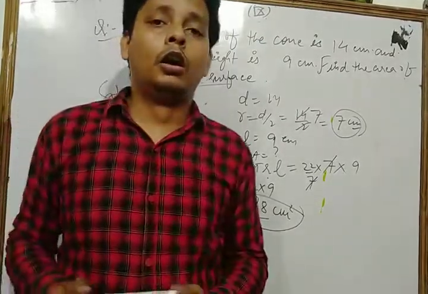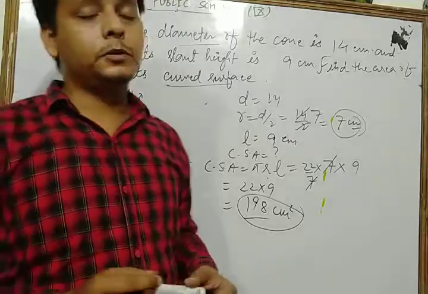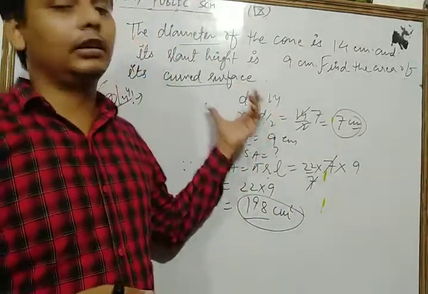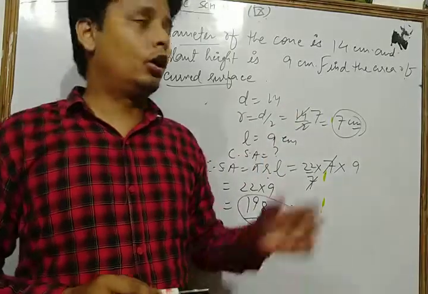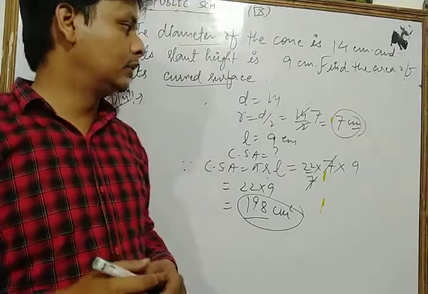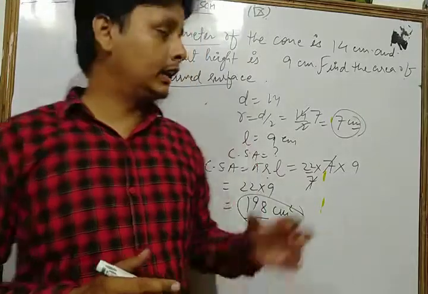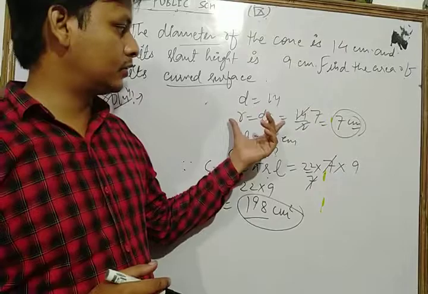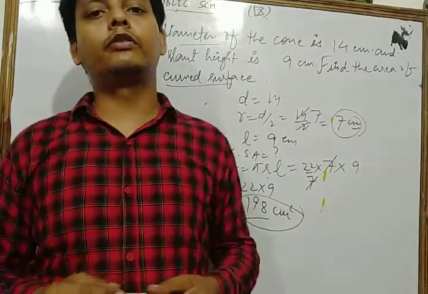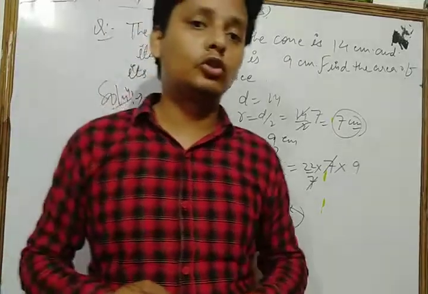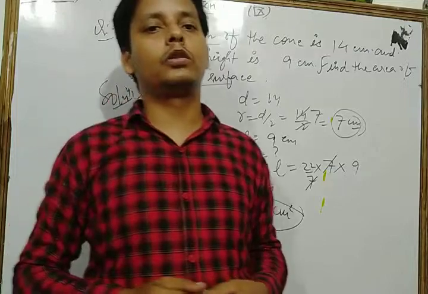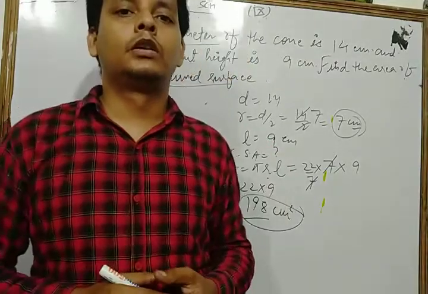Today we solved some questions and discussed all the formulas of the right circular cone, which is very important for you. Here we solved some basic questions of the cone. First you learn all the formulas of the chapter volume and surface area. After that you solve all the questions of your NCERT exercise.